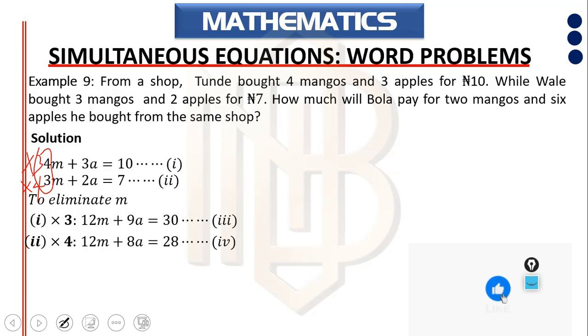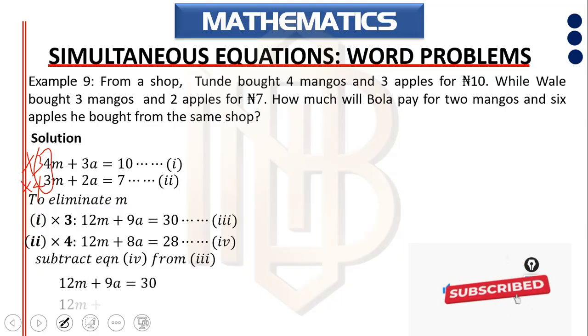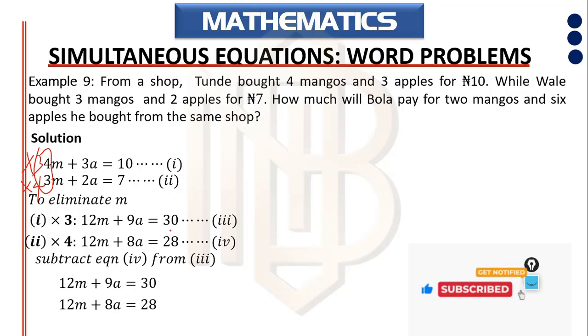So that being said, we subtract equation 4 from equation 3. If you do the subtraction, 12M minus 12M is 0. 9A minus 8A.